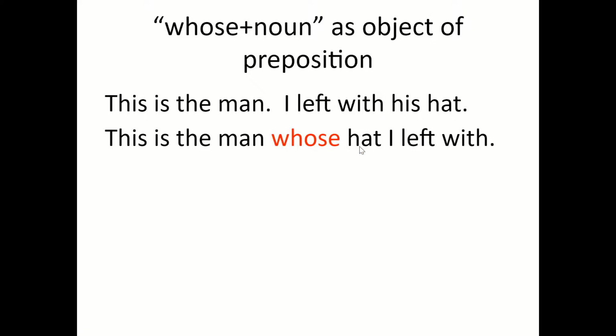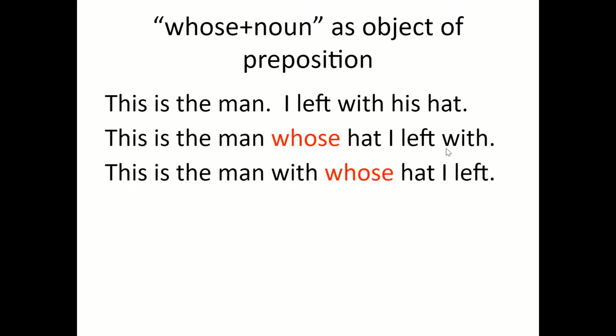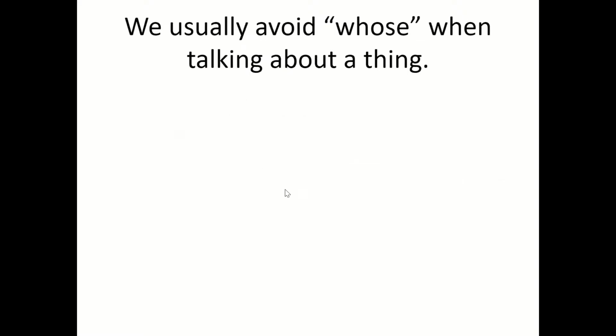Now, again, if you remember that old rule that a lot of people don't follow anymore, but is still in some grammar books, that we shouldn't end a sentence with a preposition, then you'd have to move the preposition as well. So you get, this is the man with whose hat I left.